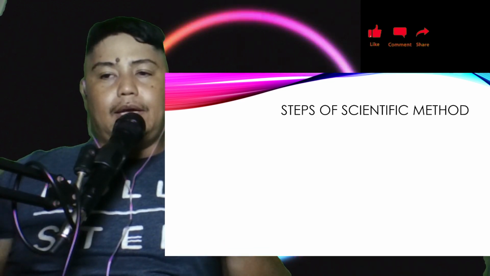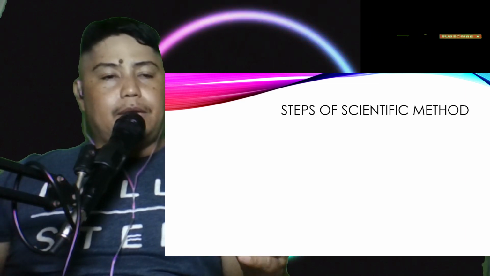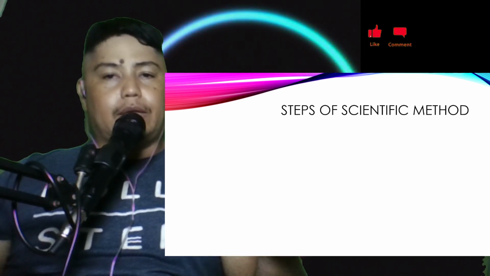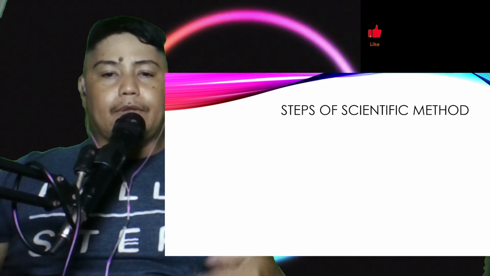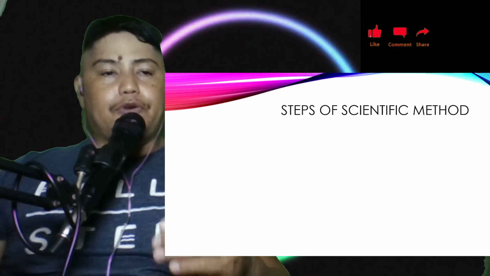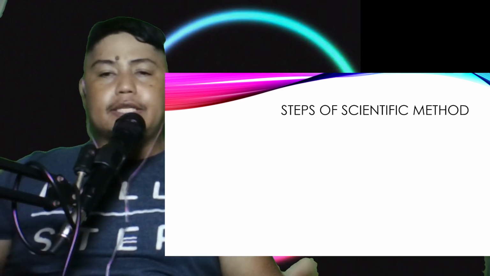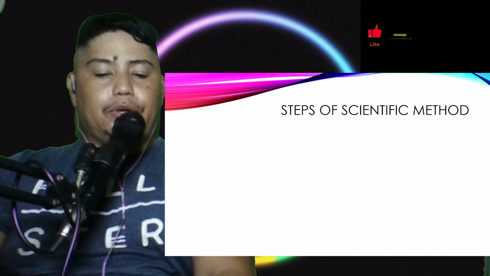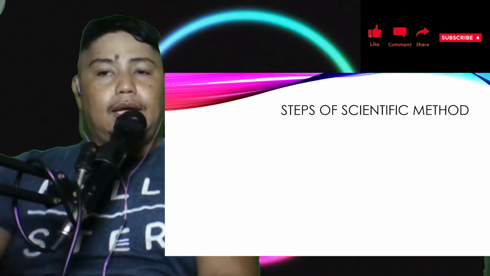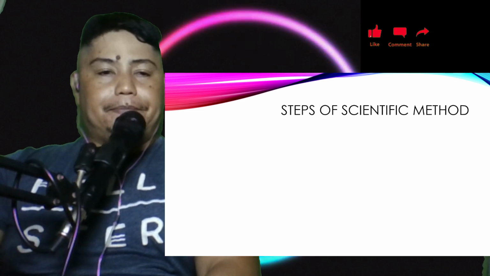These are the steps. We'll have a quick explanation for each step so that we have a common understanding. For students, this is simply a basic review. And for those who are not in the field of psychology, this is for you to understand what we are doing in the field of psychology.